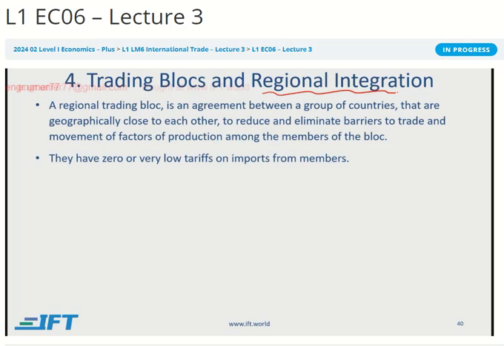specialized products, where one country has a certain competitive advantage and can specialize in that product. I gave you the example of France and Belgium with the wine and chocolate.